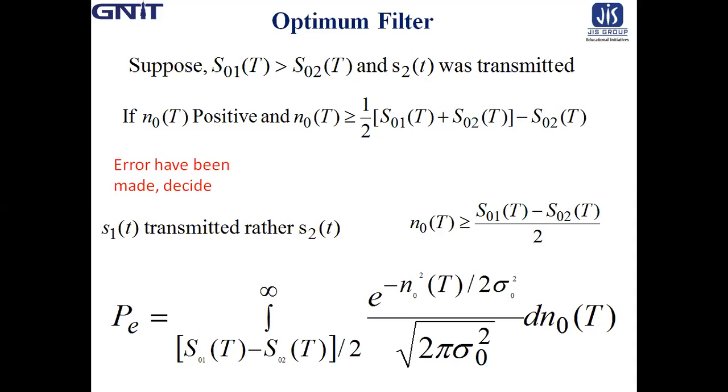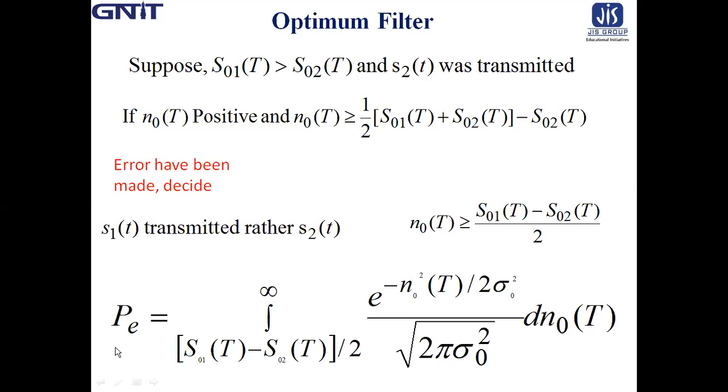That means we decide that S1(t) is transmitted rather than S2(t). So an error will result if n0(T) is greater than or equal to [S01(T) minus S02(T)] by 2.